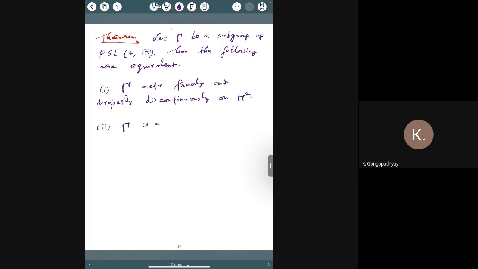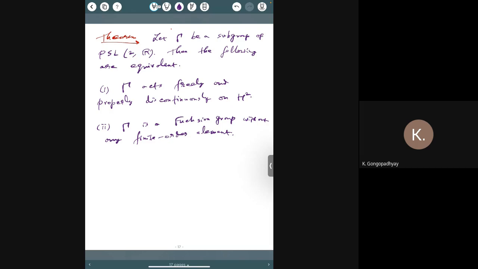Gamma is a Fuchsian group without any finite order element.